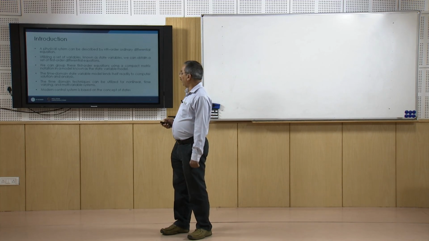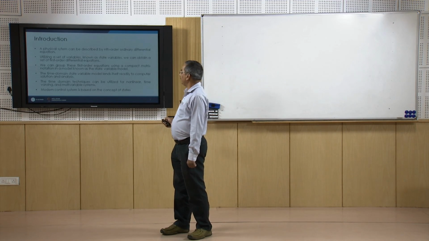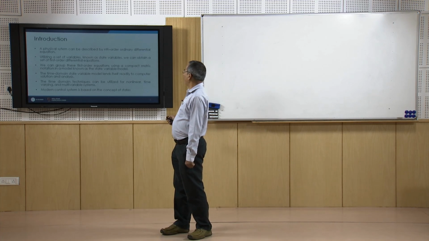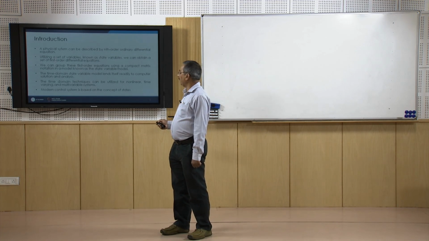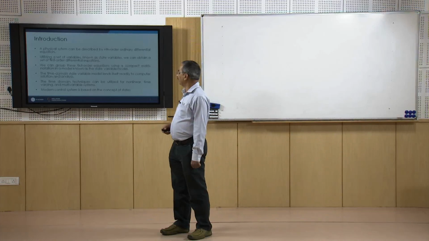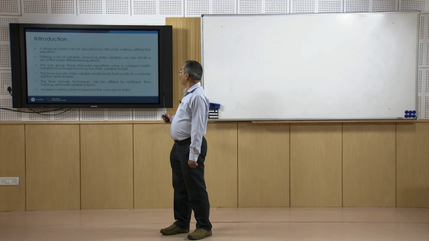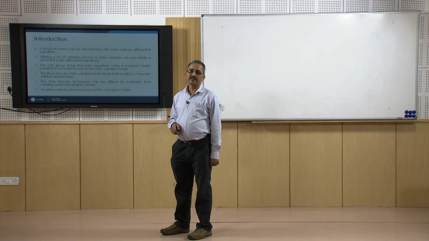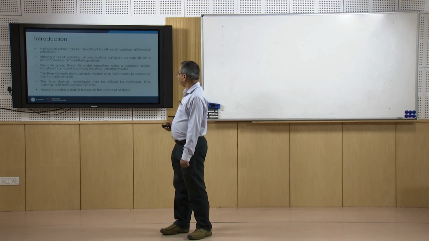Now, utilizing a set of variables which we call state variables, we can obtain a set of first order differential equations. And we can group these first order differential equations using a compact matrix notation, and this is what is called the state variable model.